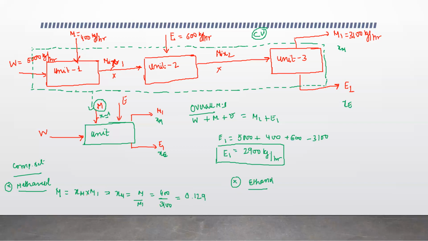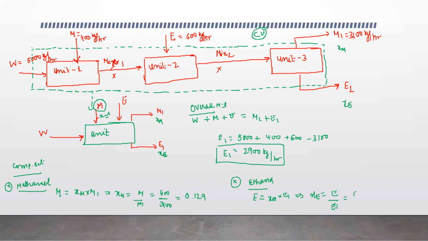Then the next balance that you're going to do is for ethanol. When we are doing the ethanol balance, again, incoming ethanol is only E, pure ethanol. Outgoing ethanol is XE into E1. Therefore, we get XE equal to E upon E1.